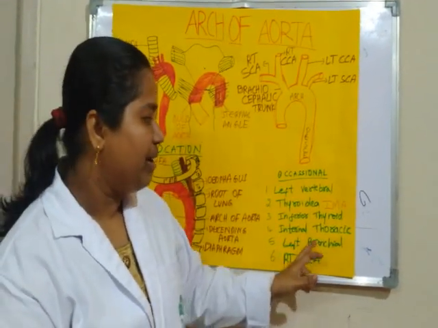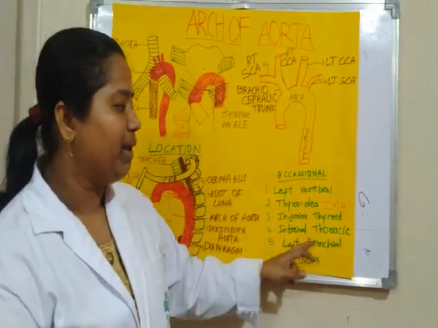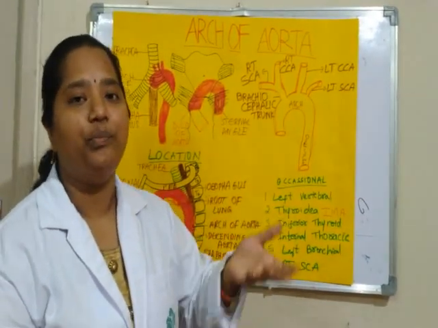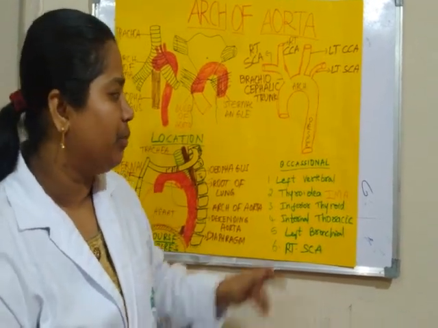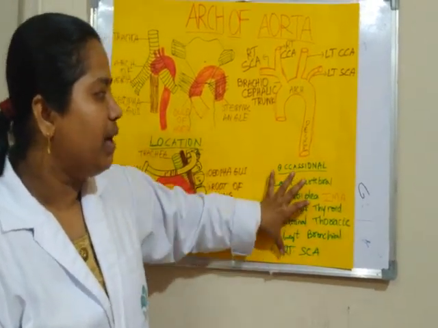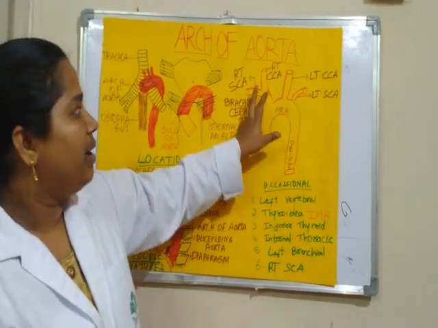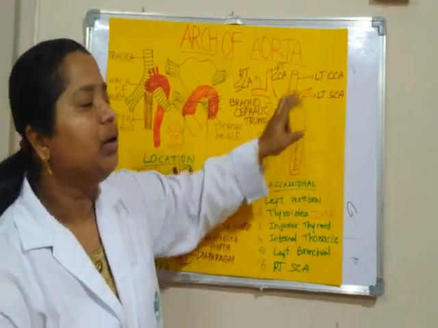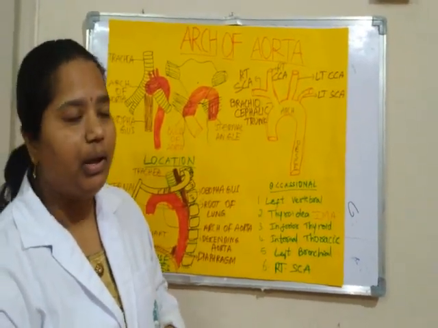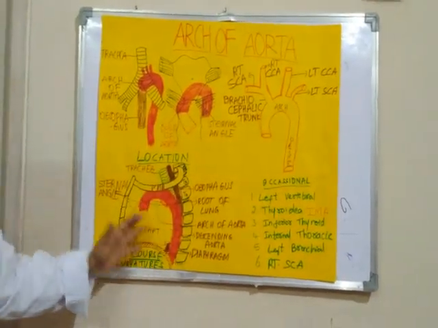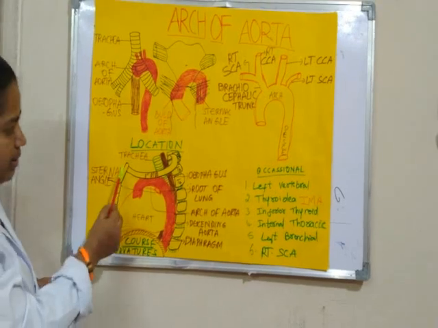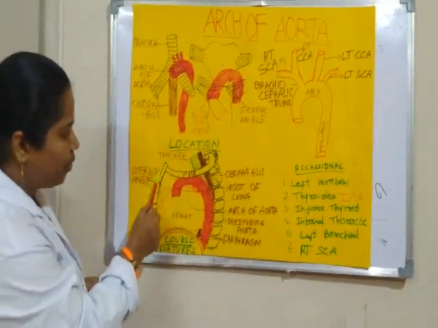And last one is, very rarely, left bronchial artery. We have right and left bronchial arteries. So left bronchial artery also takes origin directly from the aorta. These are occasional arteries, and main arteries are brachiocephalic trunk, left common carotid artery, and left subclavian artery. And here you can see a little bit of location, and this is manubrium of the sternum.